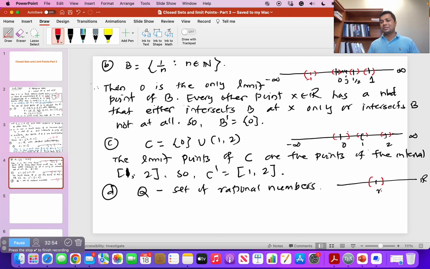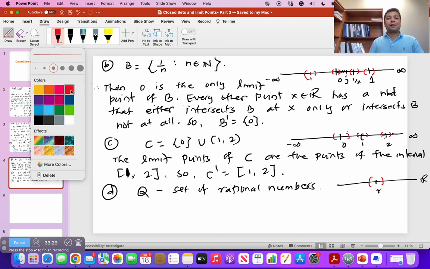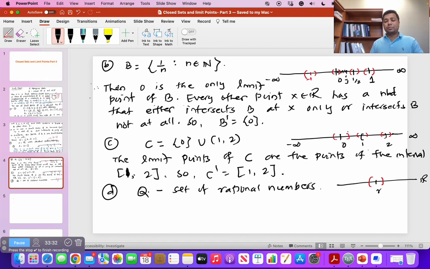So no matter whether r is rational or irrational, no matter what open interval you take, it will contain points of Q other than r. So here we can say that the set of limit points of Q is the entire real numbers.